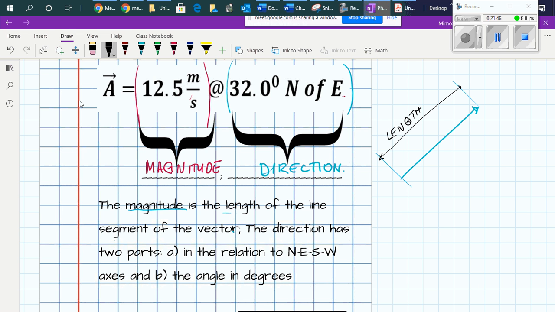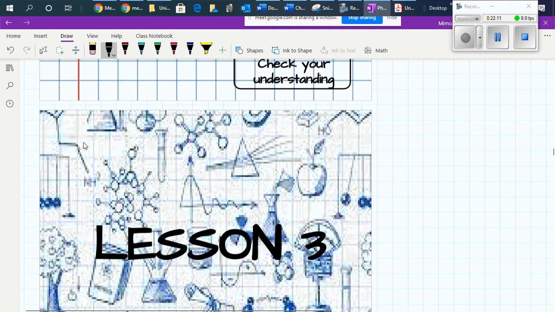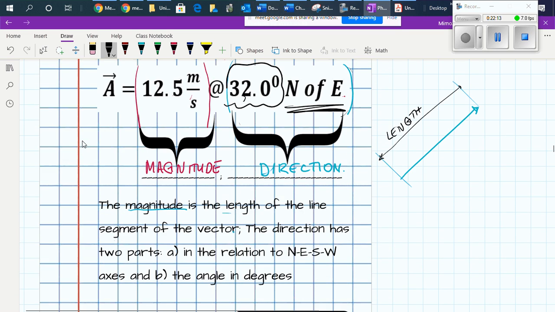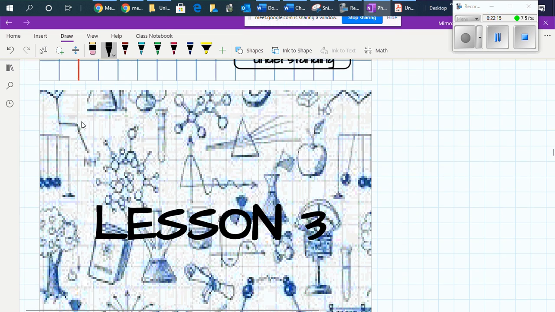The direction, as you see, has two parts. It has the angle, and it has the relation with the north-east-south-west axis. Okay, and this is mostly what we will use in physics. Okay, now let's talk a bit about this.